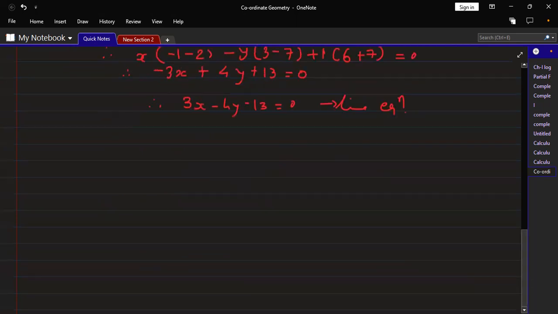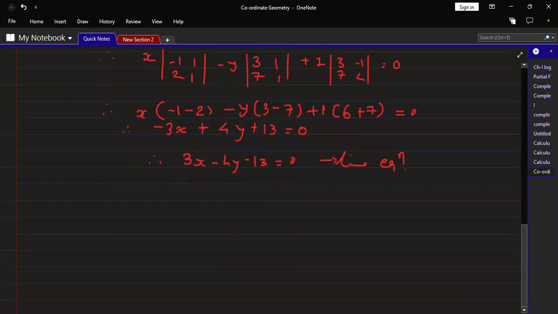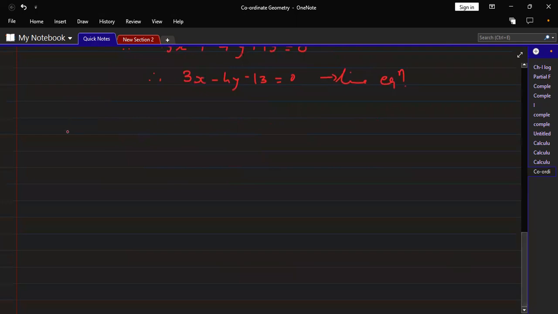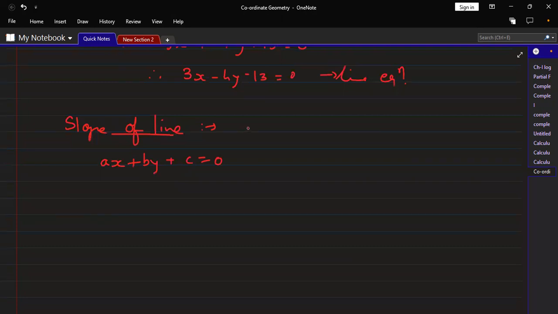Now the next form, now we are going to the slope of line. Slope of line, we have two ways. If we have line equation, which is general equation of line, ax plus by plus c equals to 0, then we are going to introduce slope as m. Okay, this is called slope m.